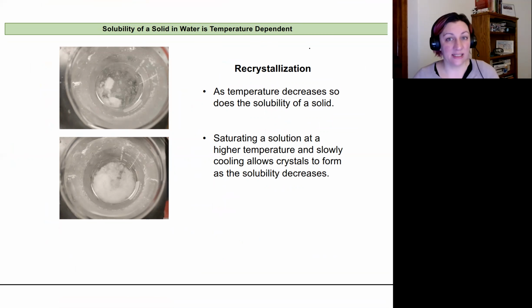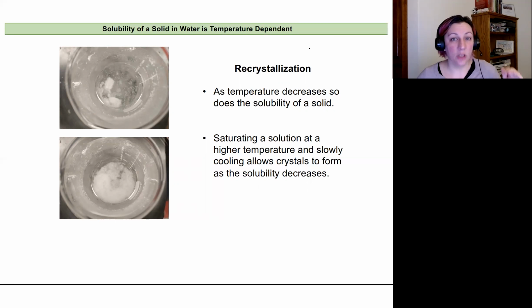And so one of the things that we do is a technique that we learned in our previous class. It's recrystallization. It's where we dissolve a solid into a liquid that is impure. And then as we heat this up, we can get a lot of our compound, a lot of our solid to dissolve in our water.